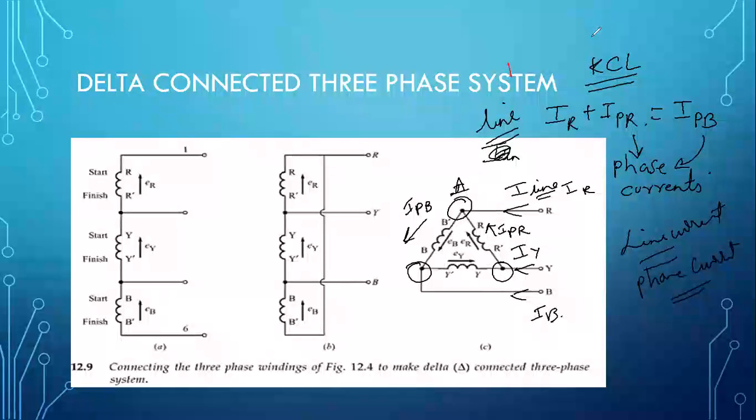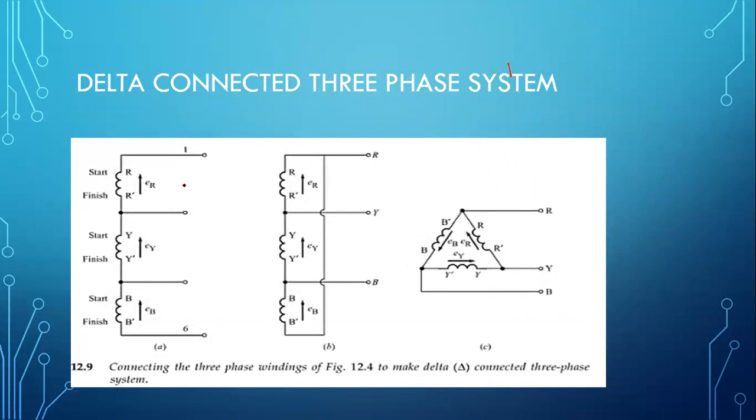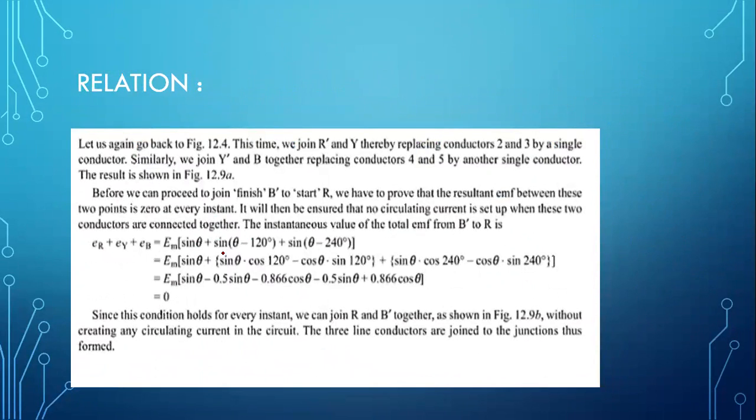Now let's move on. Again, we have identified ER, EY, and EB. They are separated from each other by an angle of 120 degrees each. If this is my ER, this is my EB, and this is my EC, each is associated with a magnitude and direction.